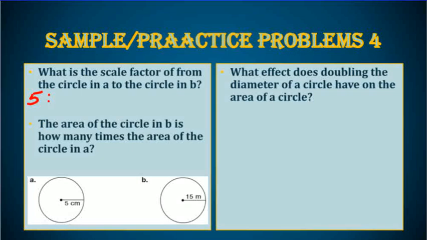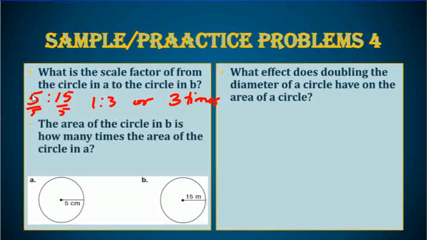The radius of the second one is 15. So we divide each one by 5, it is 1 to 3, or the scale factor would be 3 times bigger.